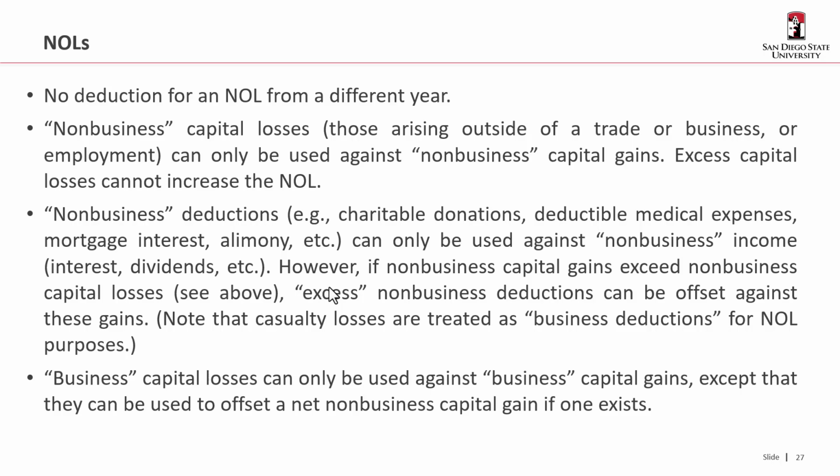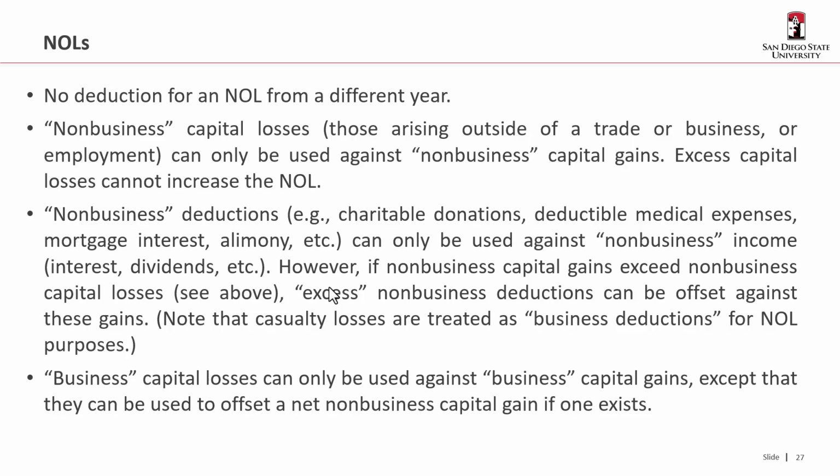Non-business deductions. So for example, itemized deductions can only be used against non-business income. So interest, dividends, etc. So like your investment income. However, if in the previous step, your non-business capital gains exceeded your non-business capital losses, then those excess non-business deductions can be offset against those gains.